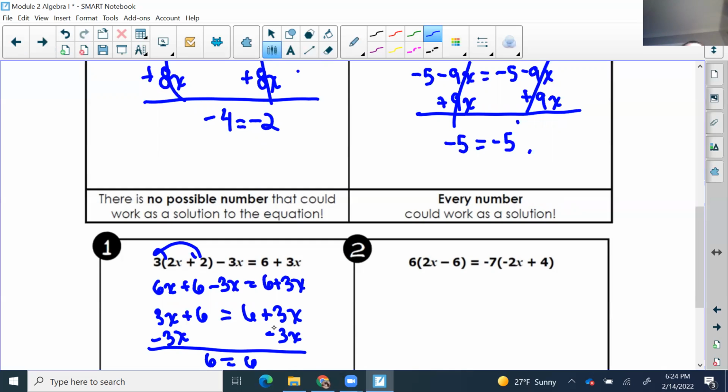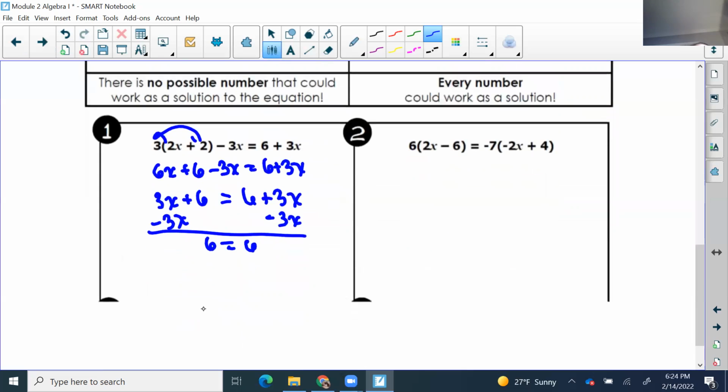All right. Now, you're going to hear different people call it different things. Some people are going to say the solution is all real numbers. Some people are going to say, oh, there's infinite solutions. And then some people are going to say identity. Now, I don't love it when they say identity, but that is sometimes what you hear.